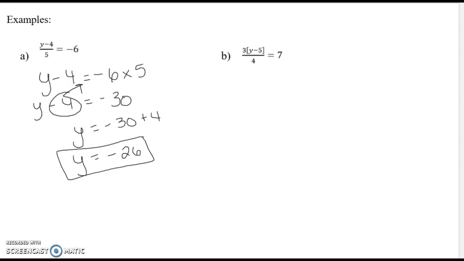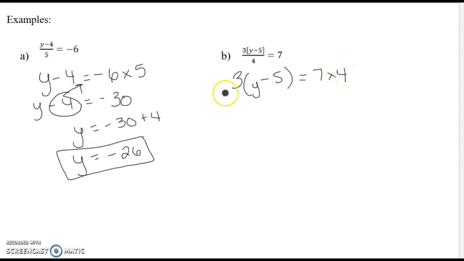So looking at the next one, we have another fraction. So first thing we want to do is get rid of the fraction. So if it's divided by 4, we need to multiply by 4. So on this side, we are now going to have y, and then the brackets, 3, and then the brackets y minus 5 equals, and over here it's going to be 7 times 4.